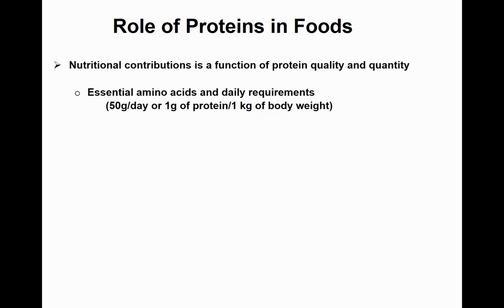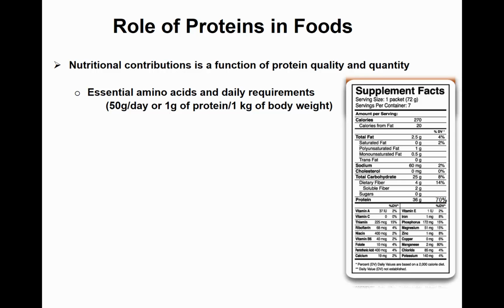So you have all essential amino acids, you don't have any limiting amino acid. That means you don't have an amino acid that is essential and present in a low concentration. And there is a specific daily requirement of protein per day, and this is 50 grams a day, or 1 gram of protein per 1 kilogram of body weight. So we need a certain amount of protein per day for general body functions.